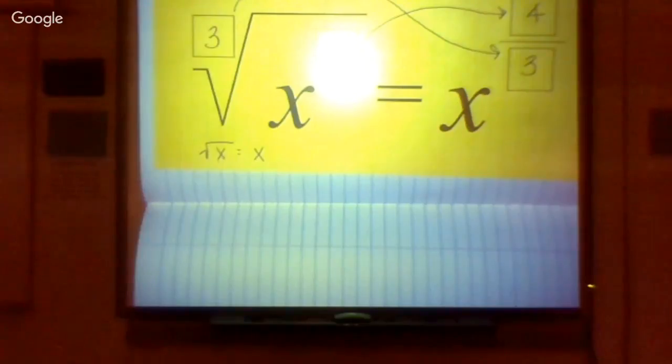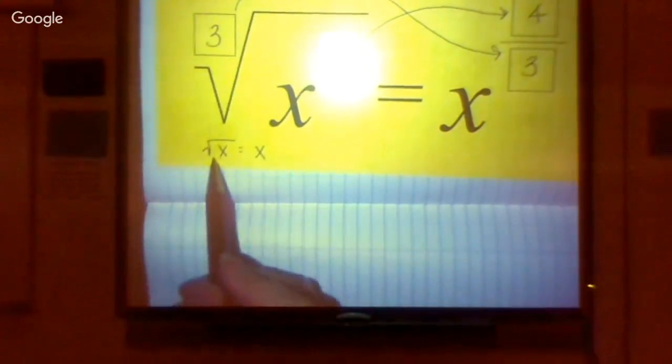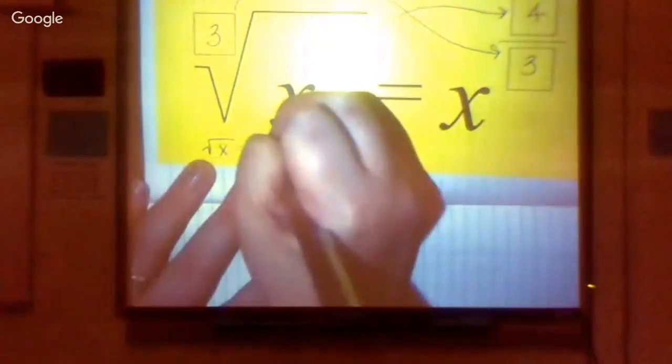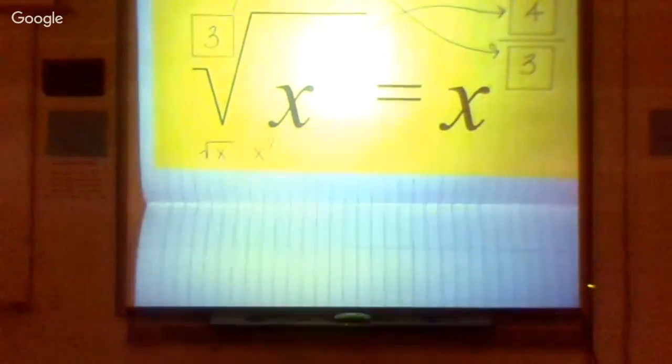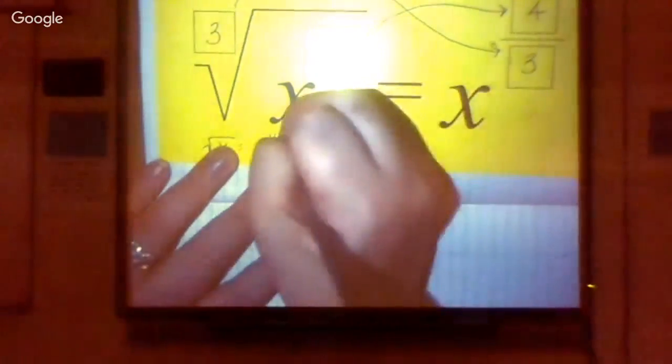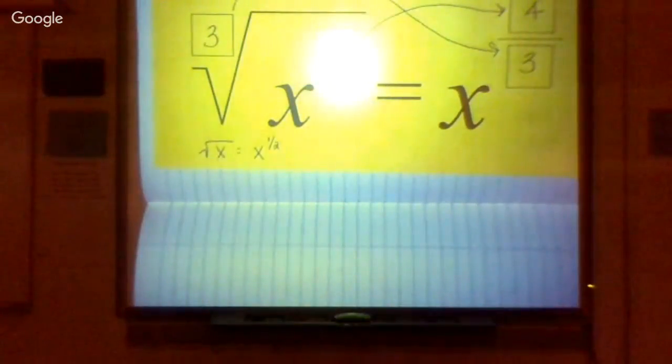If there's nothing written in front of my x for a coefficient, what is always written there? 1. Same thing with your exponent. If there is no exponent there, that means it's automatically raised to the 1. What's my index of a square root? 2. So this would be x raised to the 1/2.